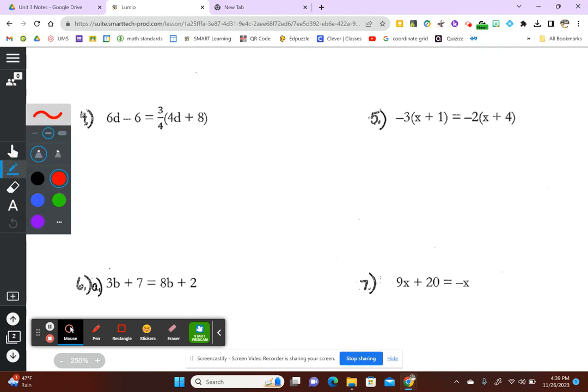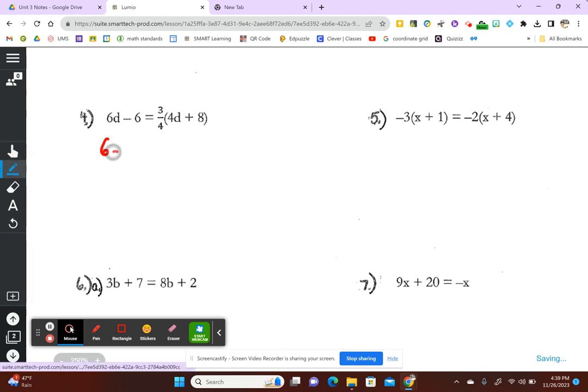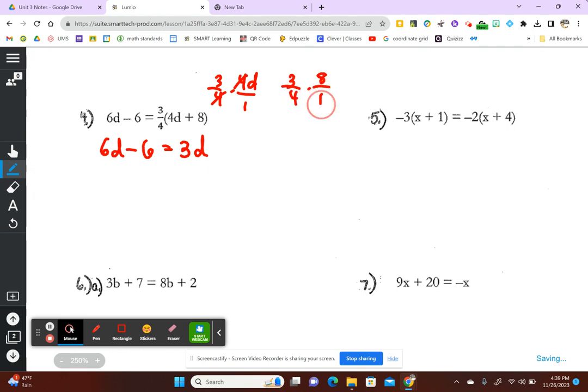Okay, so for number 4, the first thing I'm going to do is distribute, and 3/4 times 4d, the 4's cancel out, I get 3d, and 3/4 times 8, I get 6. So I've distributed now, and I notice I have a variable on both sides.